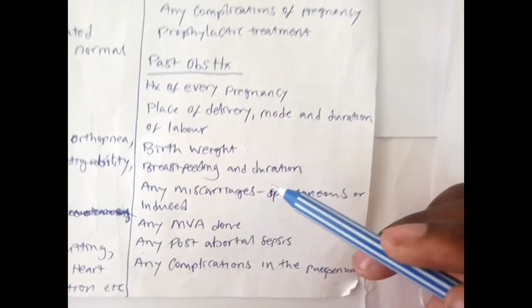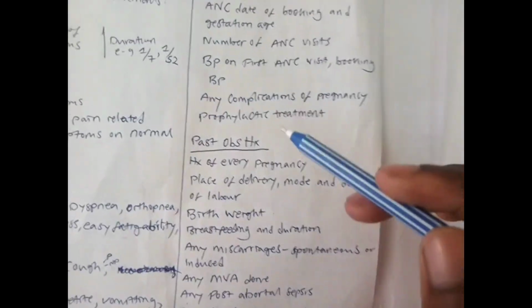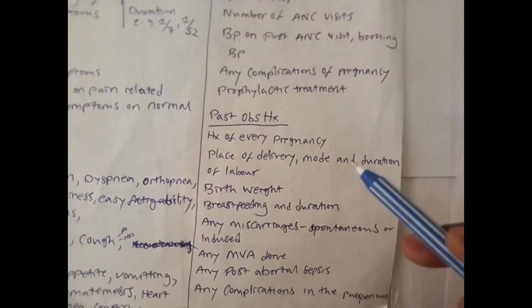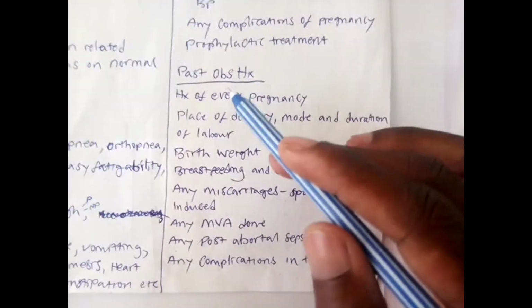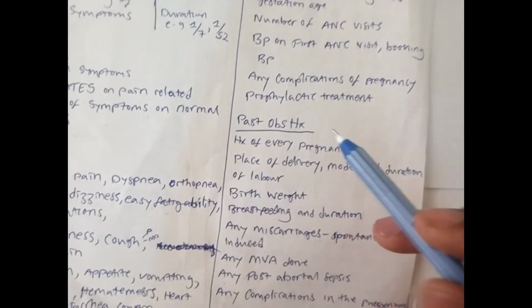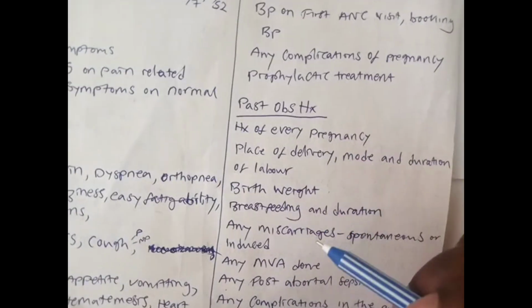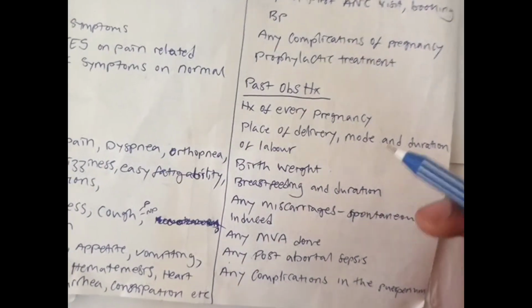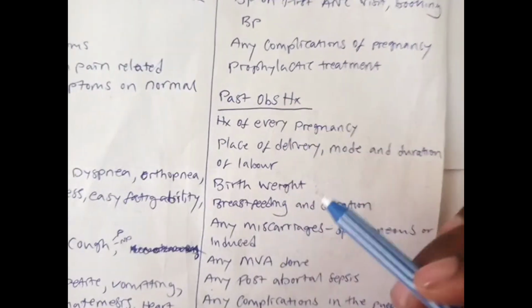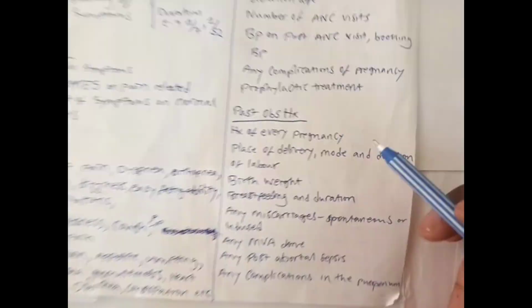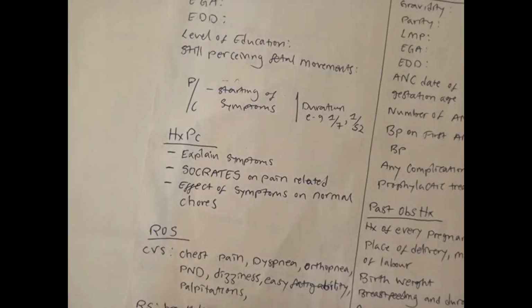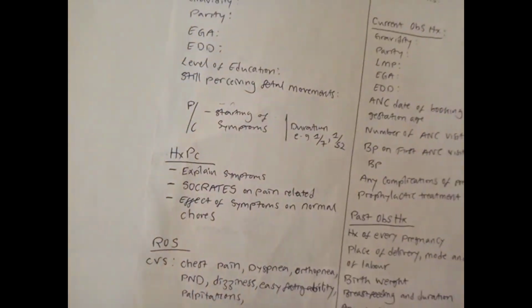So when you just see primigravida G1/0, you may want to skip past obstetric history. You can even ask, because it's important, ask if she has any miscarriages before. Even if you are not asking about the past obstetric history, even here you can just ask, just to confirm if she has ever had a miscarriage before.